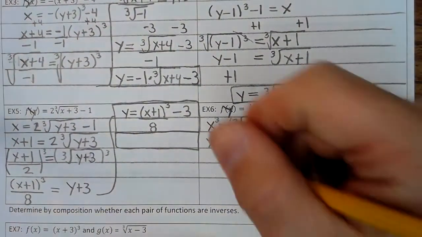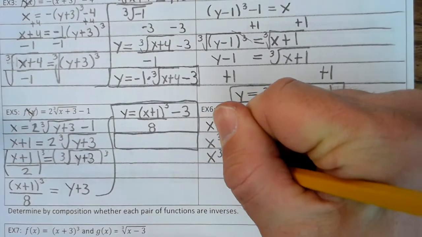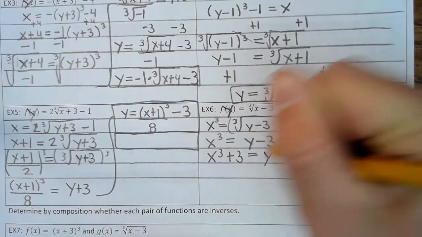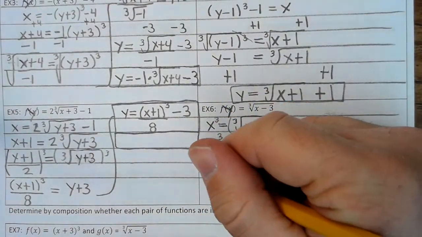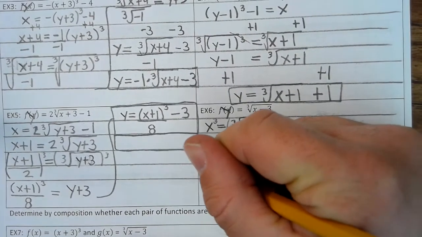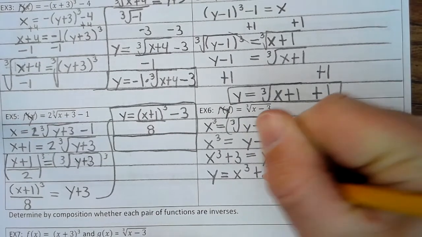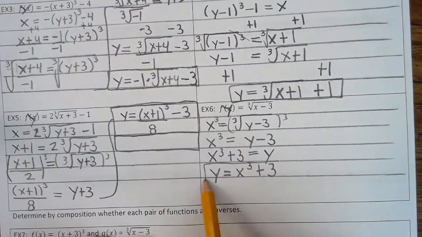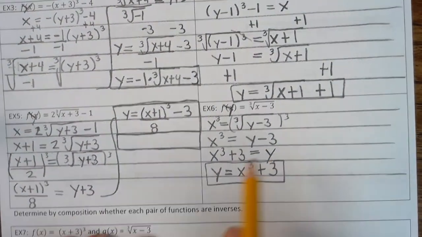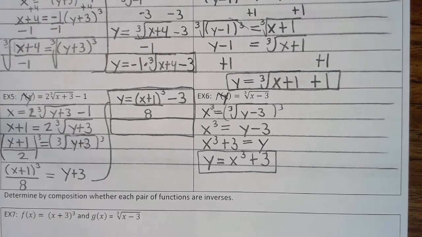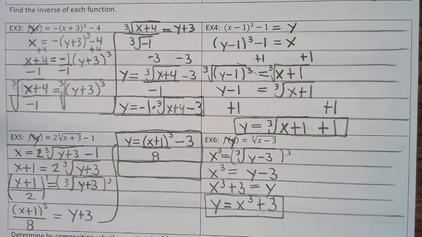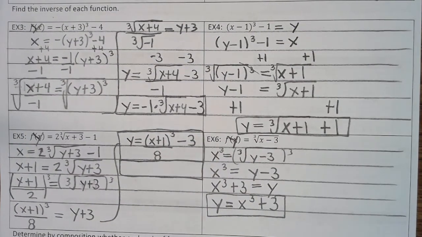Add 3 to both sides. You get x cubed plus 3 equals y, which I think it'd be good to rewrite with y on the left. So y equals x cubed plus 3. All right, so go ahead and finish up examples 3 through 6.